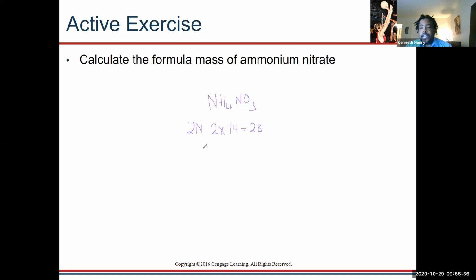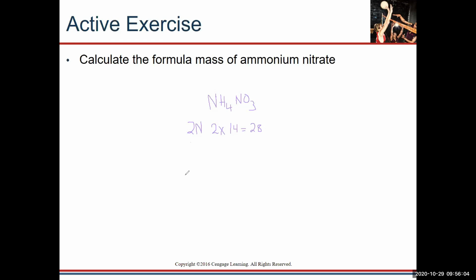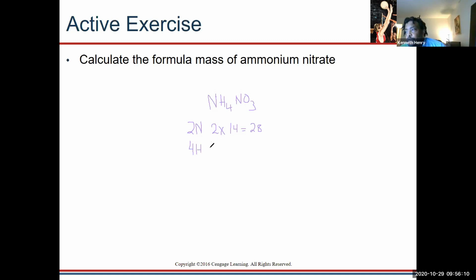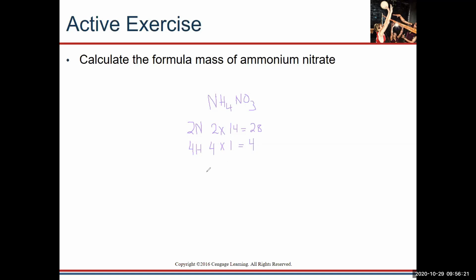How many hydrogens does it have? 8. There's 8 up here? No, there's 4. Hydrogen weighs how much? 1. 4 times 1. 4.